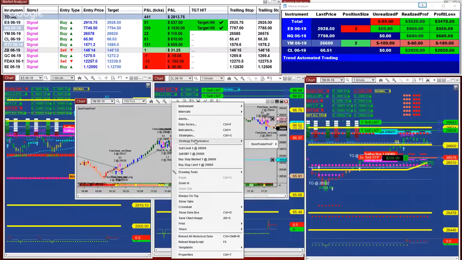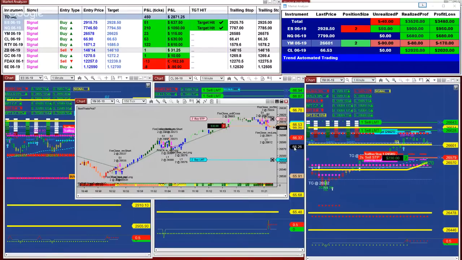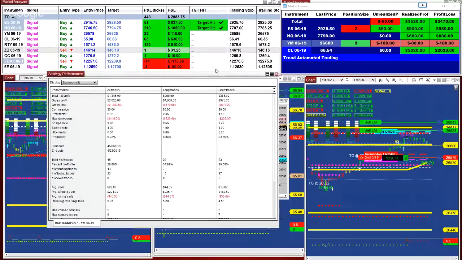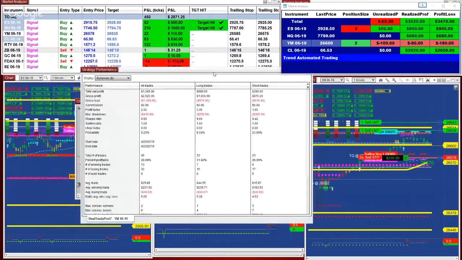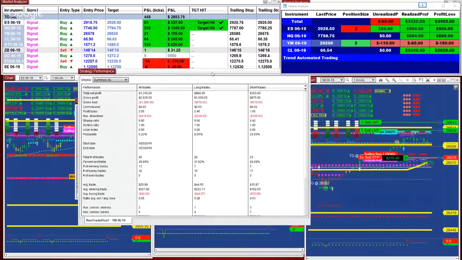If you go under strategy, not the historical, the real time, okay, this is the real time. So when you say real time, there is no historical. It's just for today.